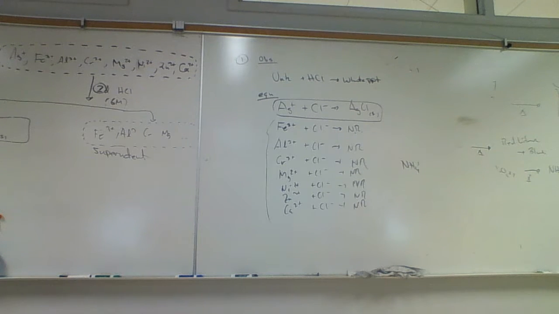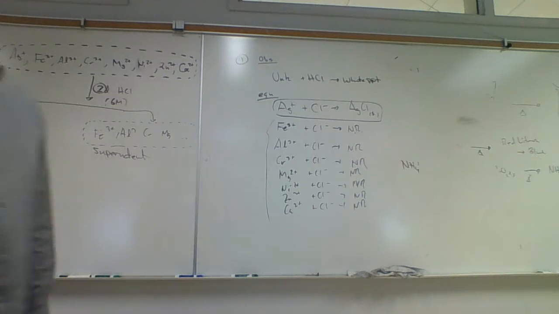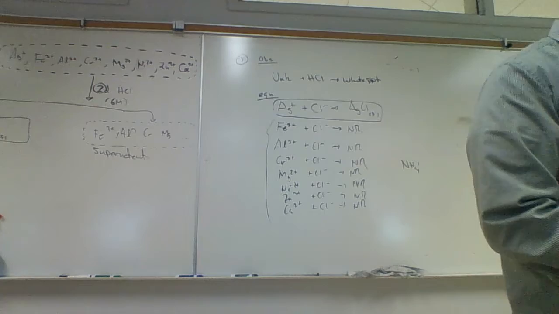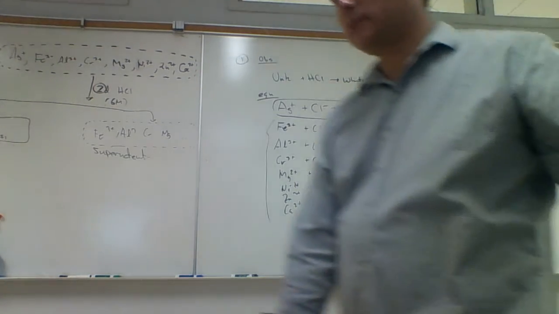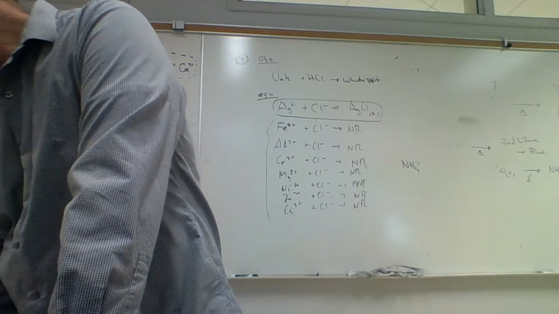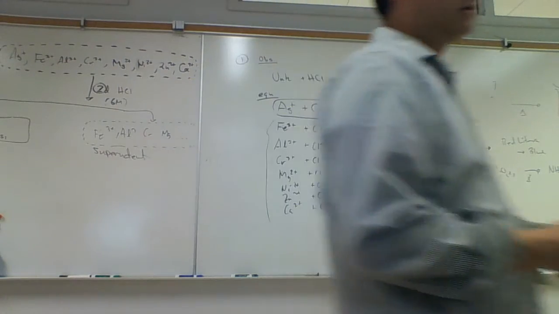So we got the precipitate down here. And so how do we separate the supernatant from the precipitate? The way we're going to separate the supernatant from the precipitate is this. I'm just going to use water.